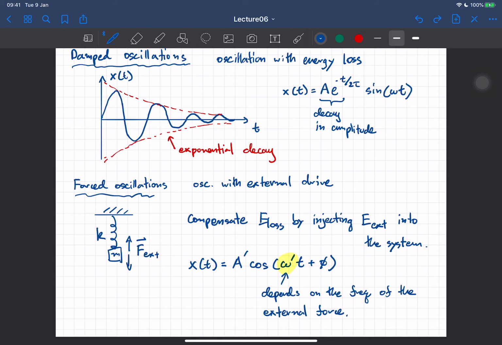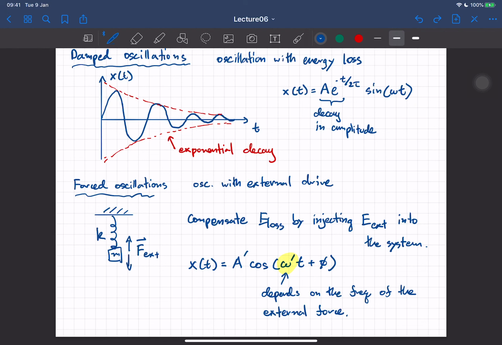But if you have forced oscillation, you put in extra external force, eventually the frequency of the oscillation of the mass itself will be the frequency of the force that you're putting in. So with forced oscillation, you can actually control the frequency of the oscillation, because it depends on how much you are shaking. Forced oscillation is very different from free oscillation in the sense that the frequency of the oscillation is determined by you as an external influence to the system.